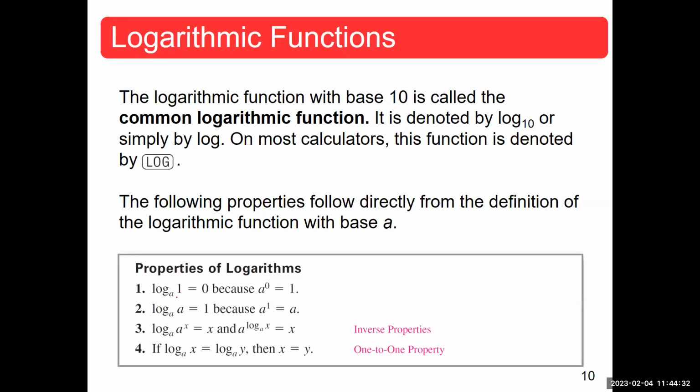Here's a nice table that's comparing logarithmic to exponential. Log base a of 1 is always 0. It doesn't matter what the value of a is. And the same thing, a to power 0 equals 1. Remember, also e to power 0 equals 1.